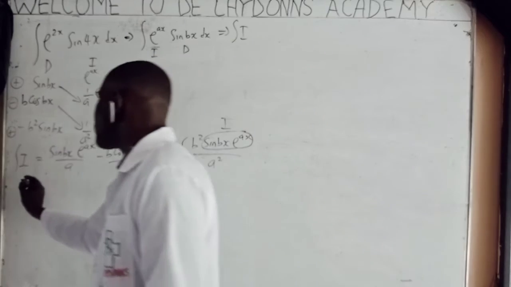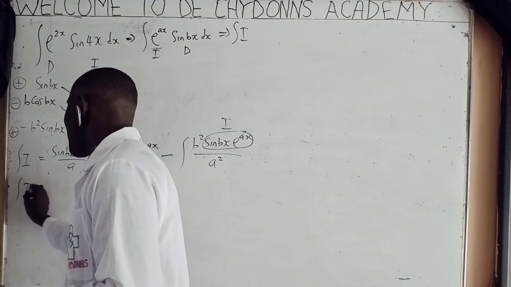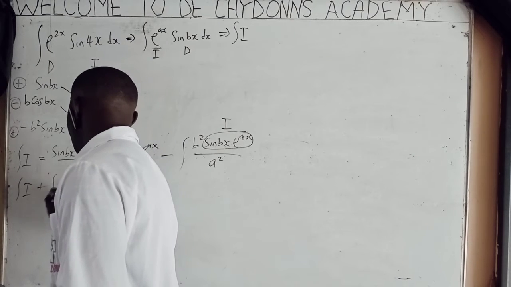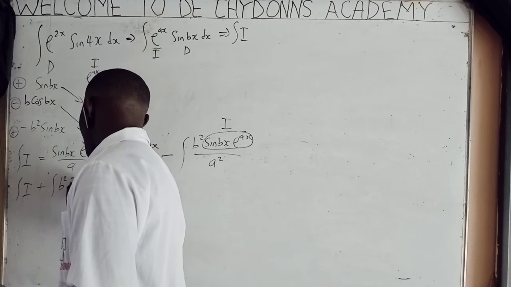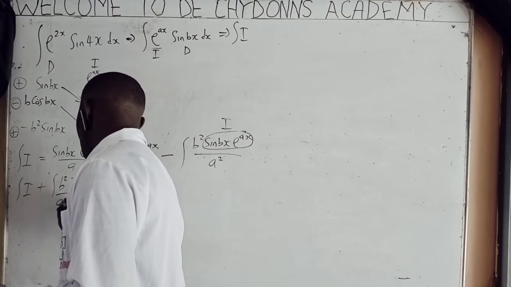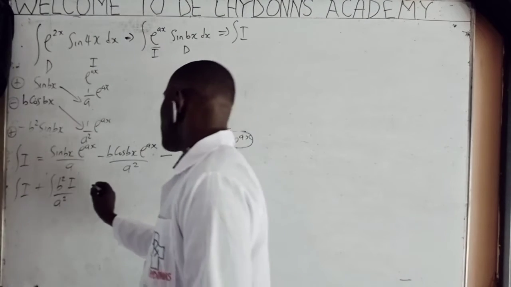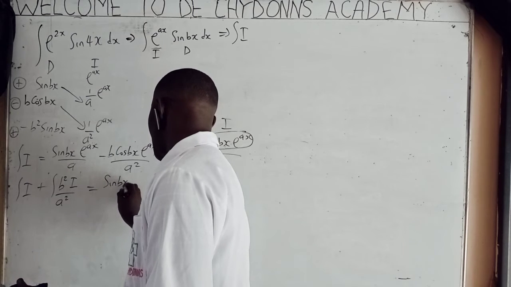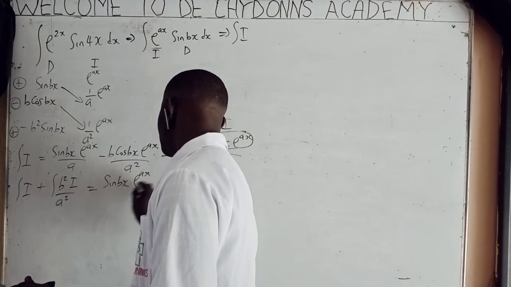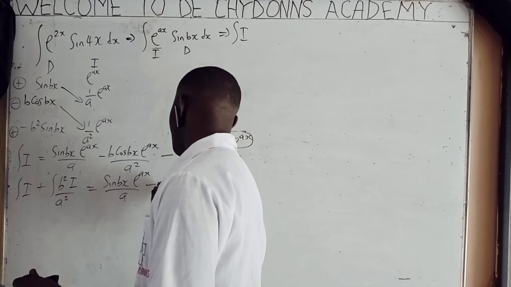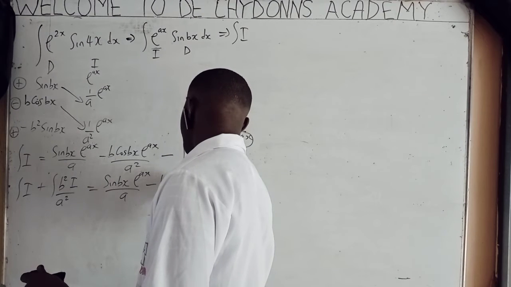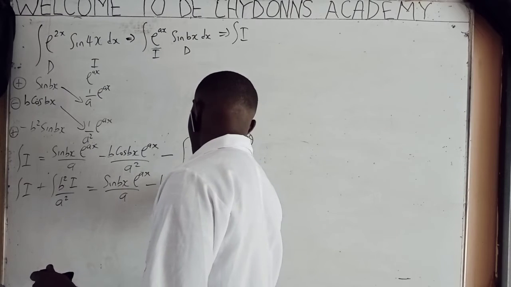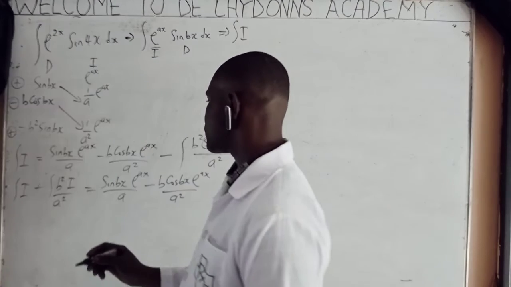I will be having integration I plus integration b squared I all over a squared equals sine bx exponential ax all over a minus b cos bx exponential ax all over a squared.